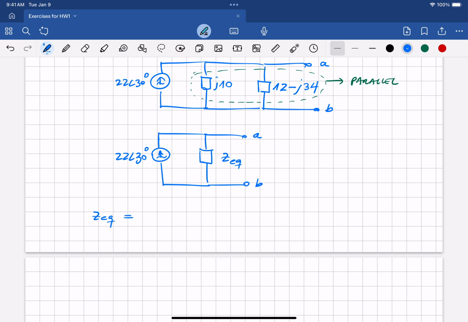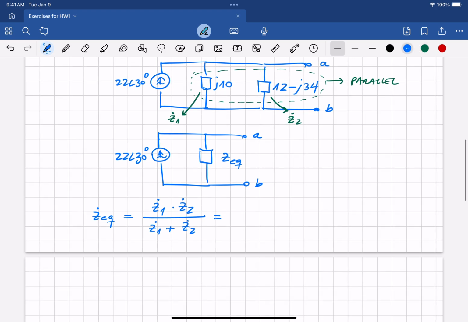So it would be one impedance, let's call it Z1 times Z2. Let's use the proper convention with the dot there, because we're talking about the complex number, and Z1 plus Z2, right? Taking into account, of course, that this is what we call Z1 and this one is what we call Z2.